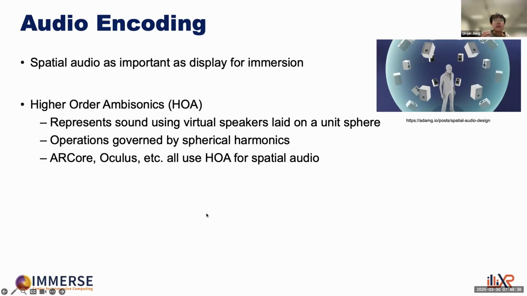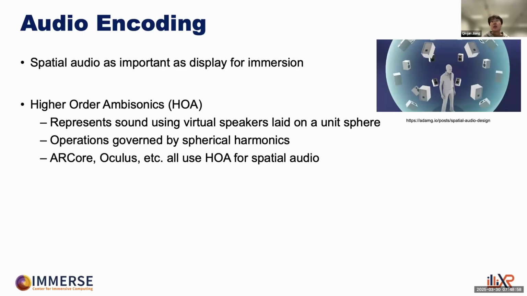And the number of virtual speakers actually varies depending on the order of the HOA. So if you have a first order HOA, you probably only have one virtual speaker, and then if it's second order, you have four, and then if it's third order, you have 16.